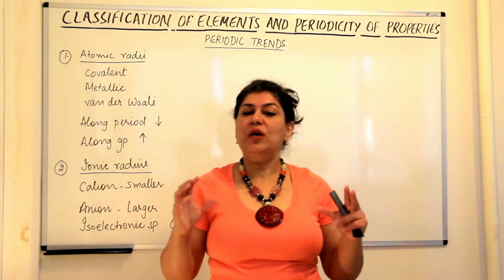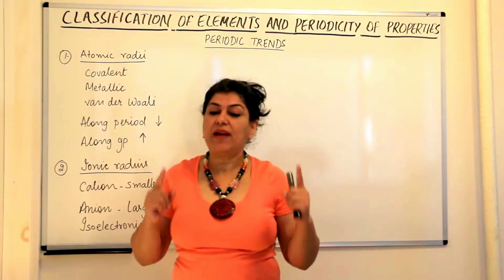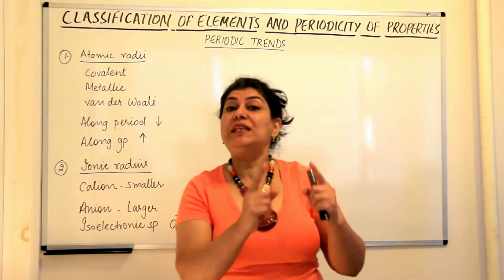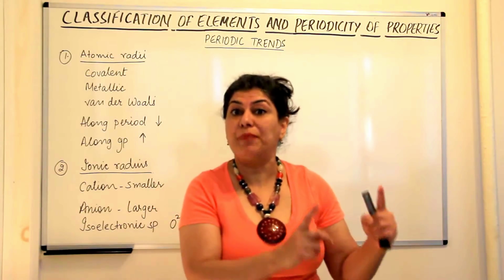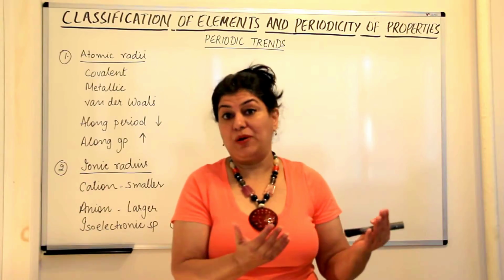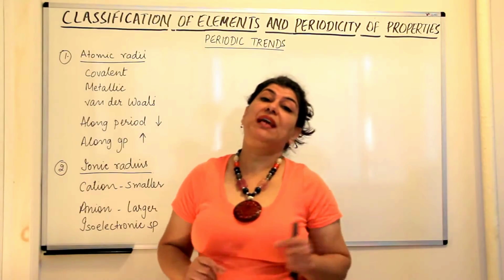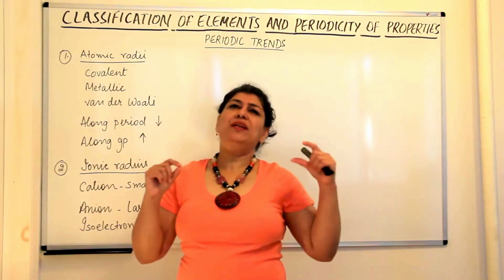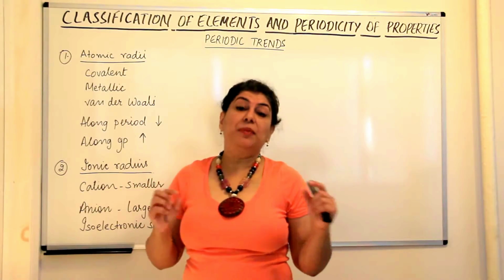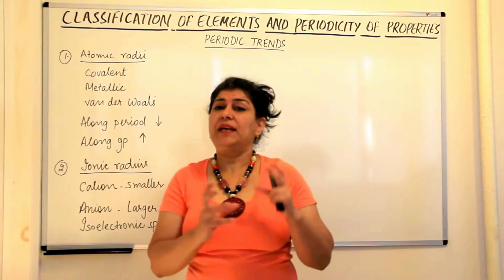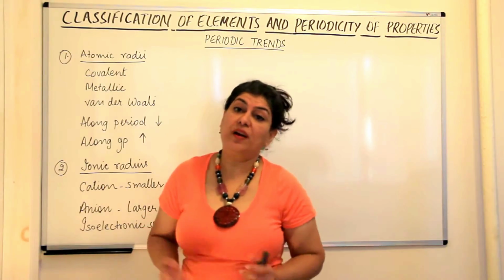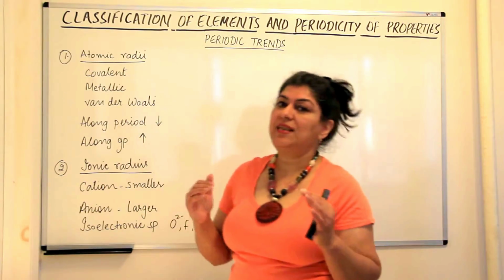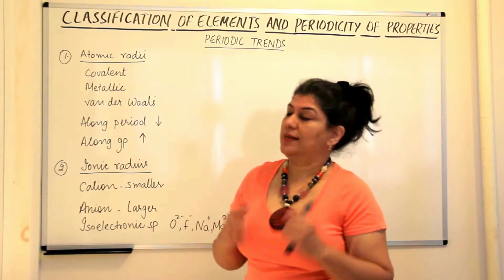So we have to keep that in mind, and when we carry out our measurements, those limitations of how they are bound or not bound also come into play when we calculate their radii. So whatever trend we observe is a general trend, but there may be a slight error in our calculations because of our limitations. But let us see what these radii are that we study.